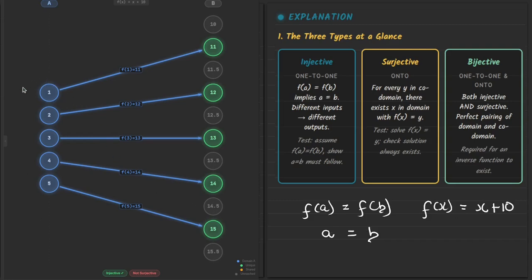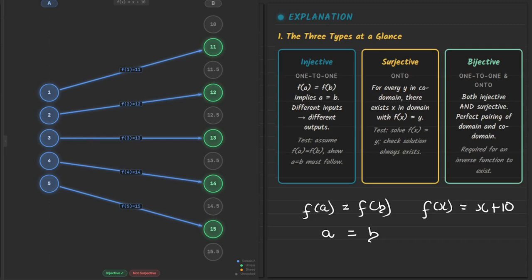You realize that all the elements in the domain are mapped to exactly one element in the codomain. There is no element that maps to more than one. So with that, we can say it is injective. Every element in the domain maps to exactly one element in the codomain.